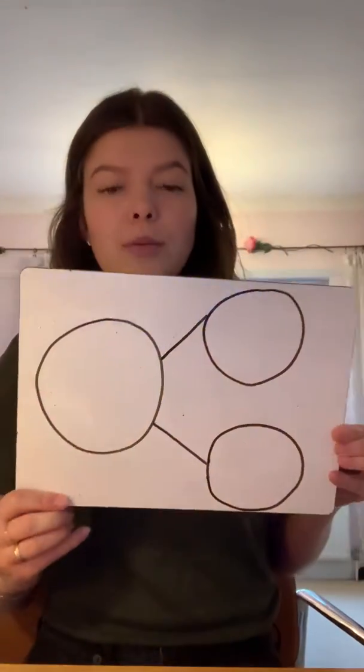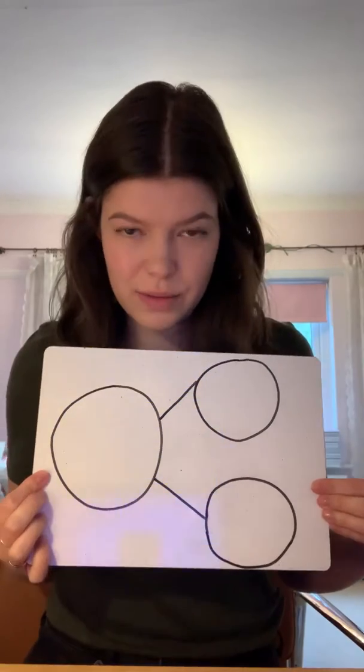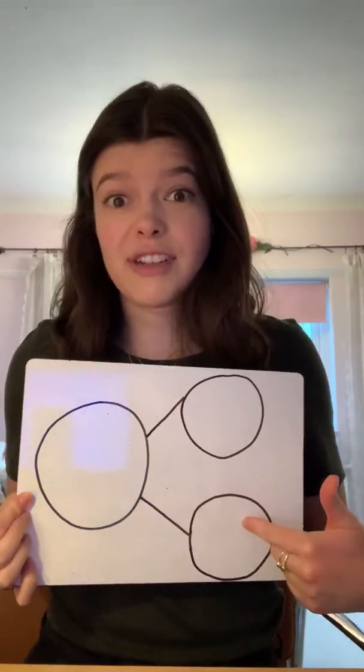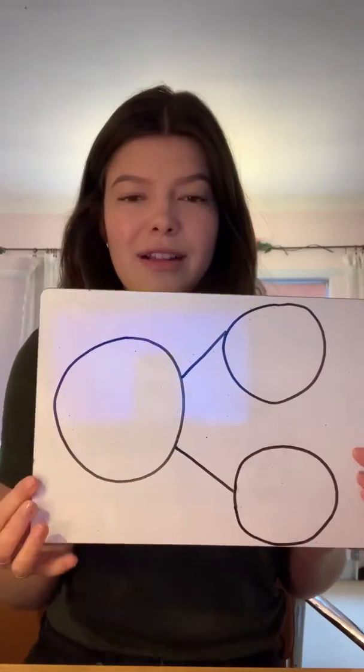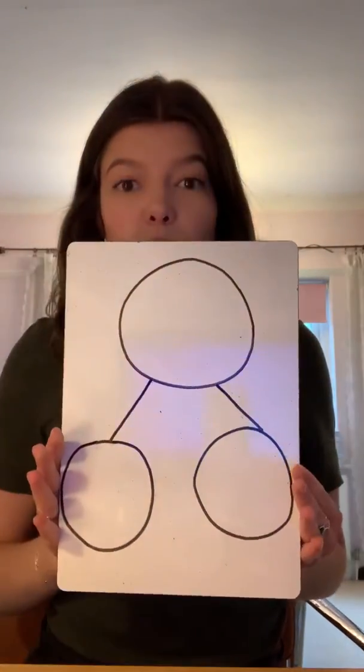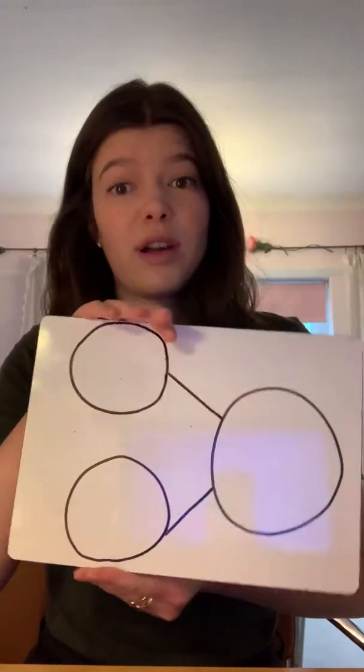So I'm going to show you a part-whole model, okay? It looks like this. So you'll see that there are circles. So 1, 2, 3, there are 3 circles. So this is that model I was talking about, the part-whole model. Okay, so have a little look here. Now, it can be like this, or it can be like this, okay, or it can be like this.